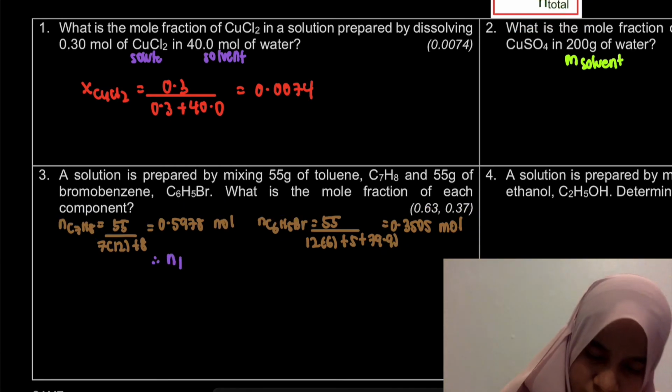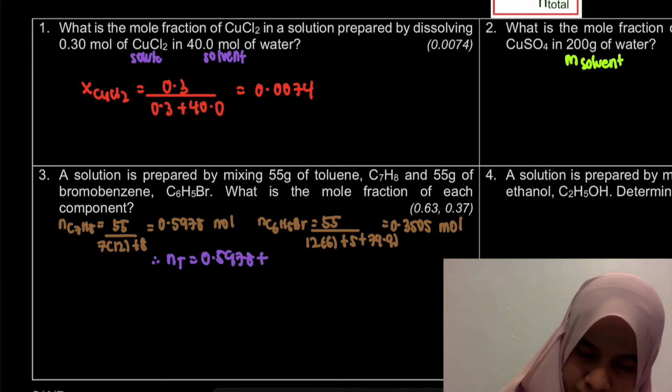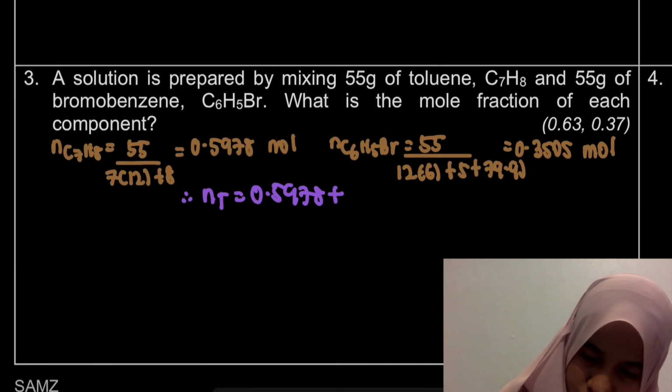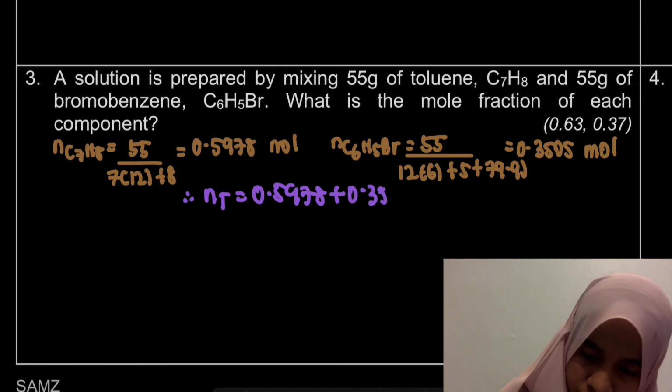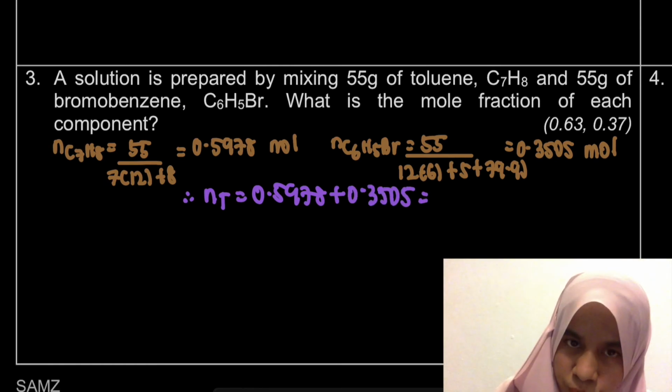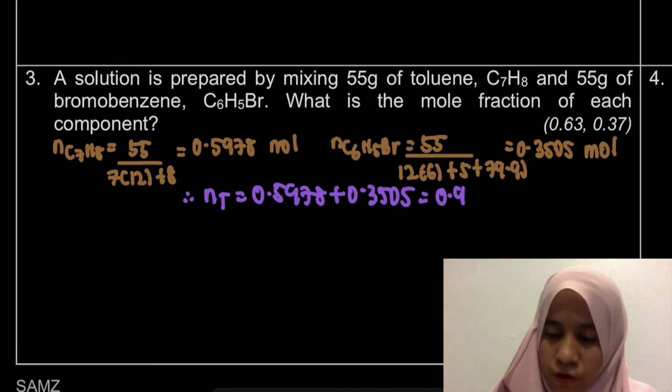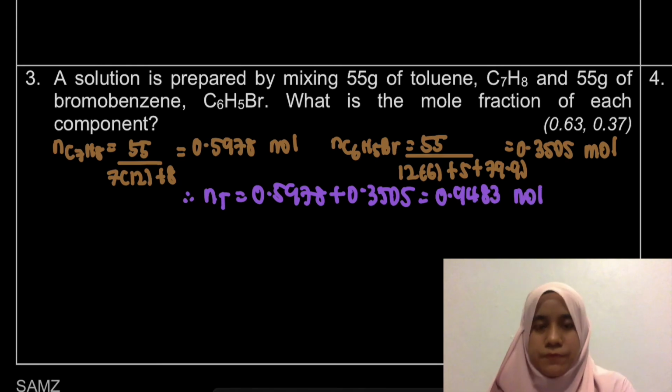Number of mole total is 0.5978 plus 0.3505, which is equal to 0.9483 mole.